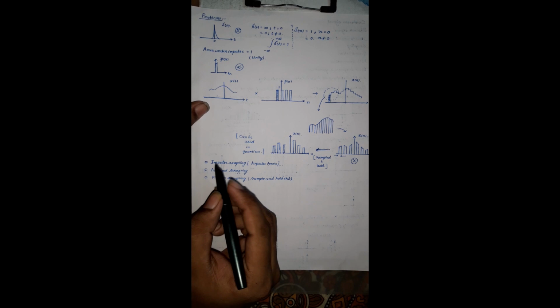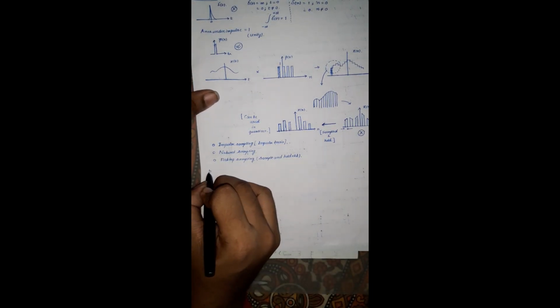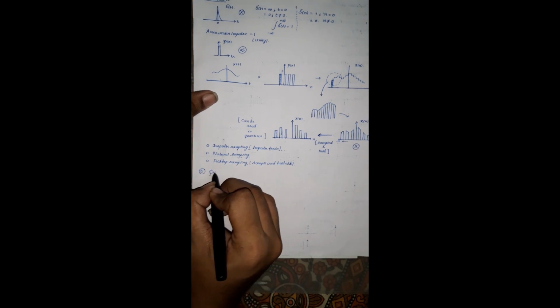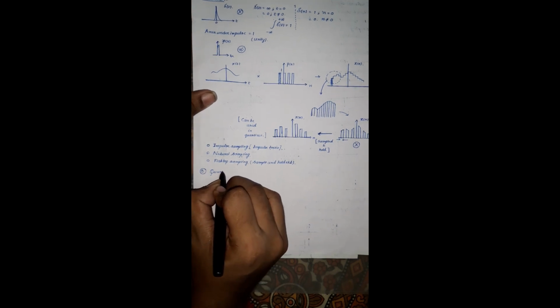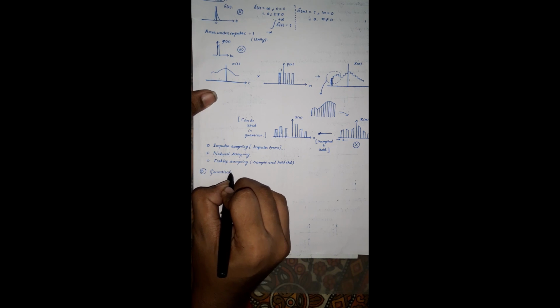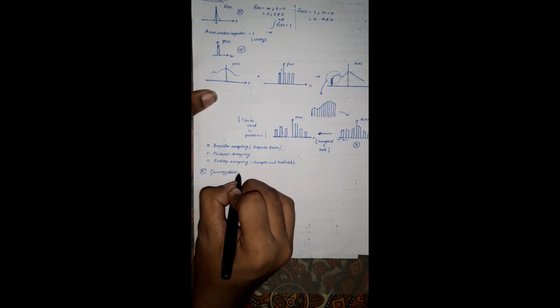Now sampling is done. Our fifth thing is quantization. This is very easy.